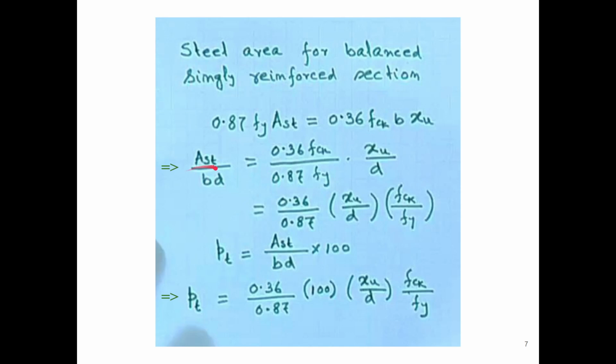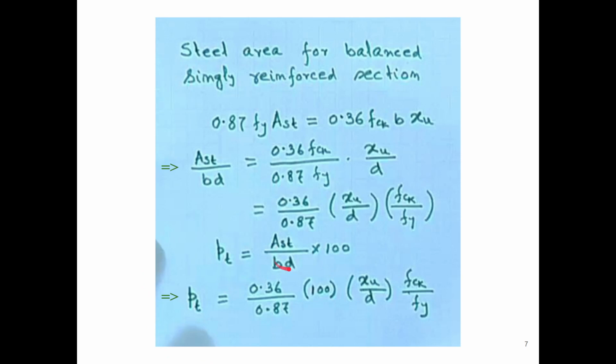So we get Ast by bd equal to 0.36 fck by 0.87 Fy into xu by d. This is the equation basically. We know that pt, the reinforcement percentage, is equal to Ast by bd into 100.